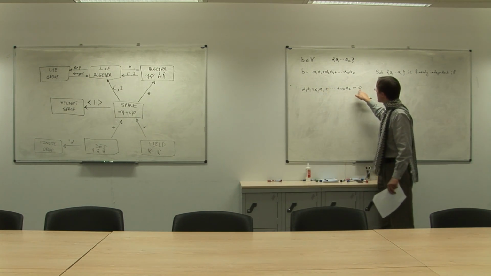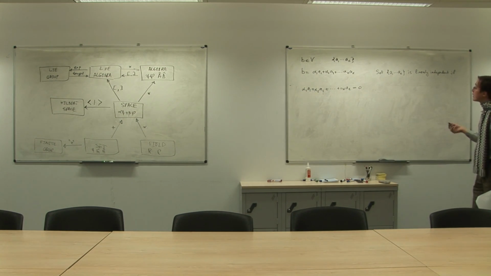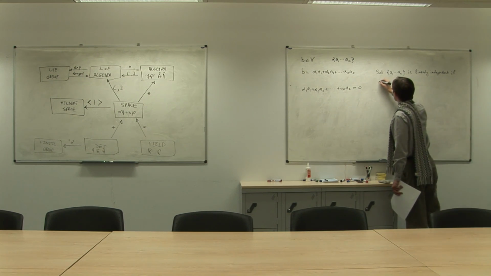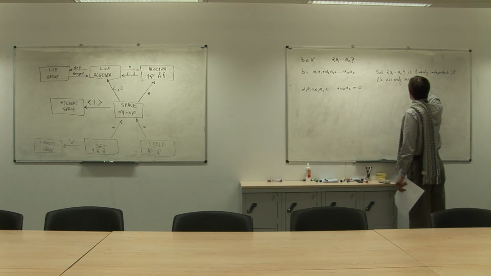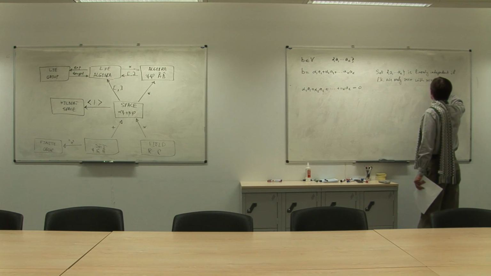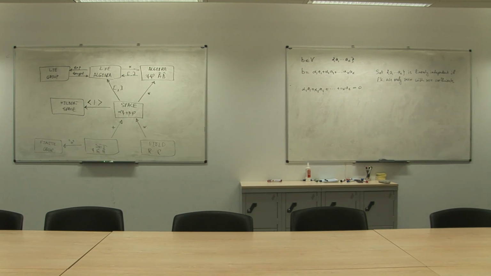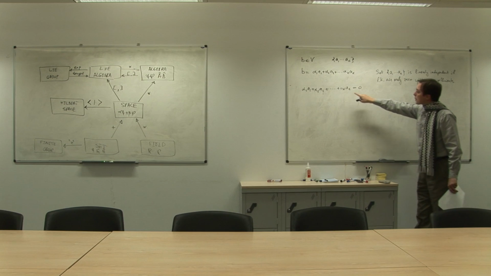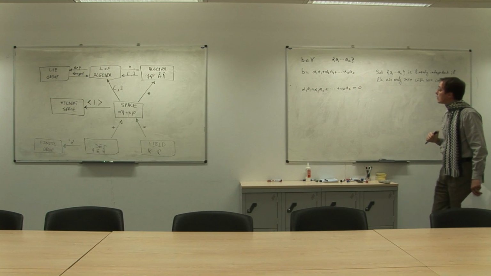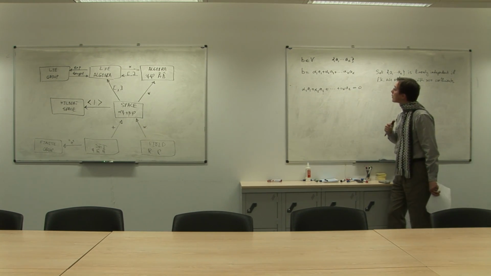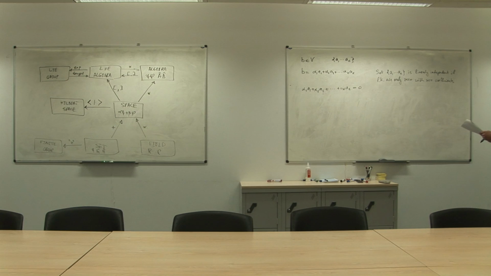So if there is no way to make a 0 except by setting all the coefficients to 0, then the set is called linearly independent. If there are such non-zero coefficients as would make this 0, then the set is known as linearly dependent, and in that case one or more of the elements can be expressed as a linear combination of all the rest.